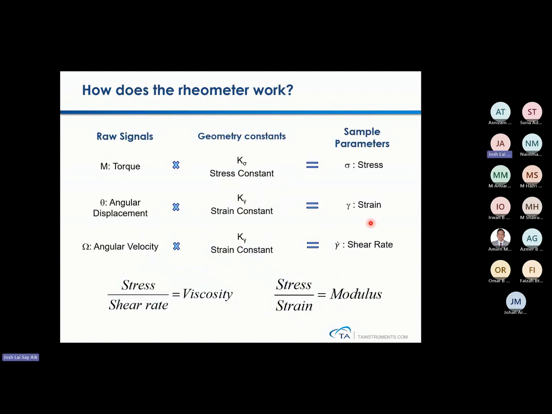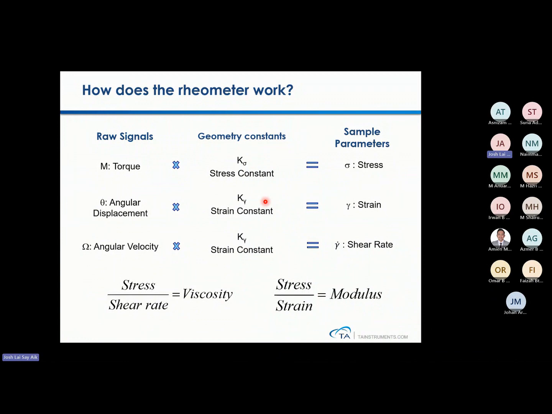And how do we actually get the sample parameters that we need to calculate the viscosity and modulus? Each and every geometry or accessory that we provide will always have a fixed stress and strain constant. These two constants are generally governed by the sample plate, parallel plate, cone plate, or cup dimension itself.